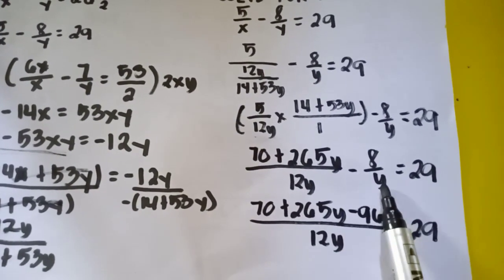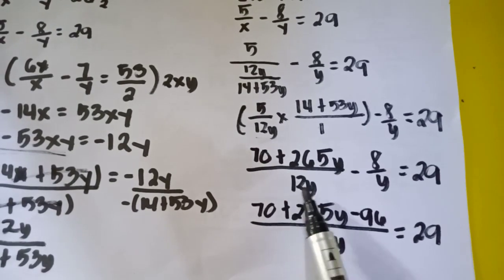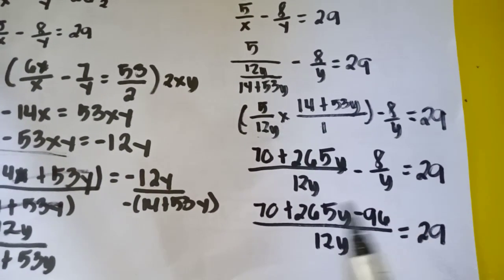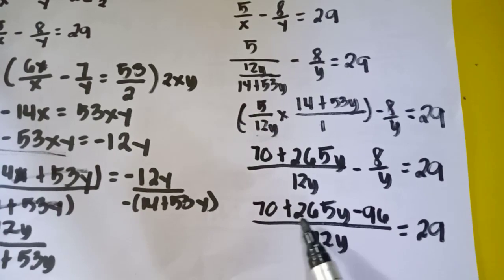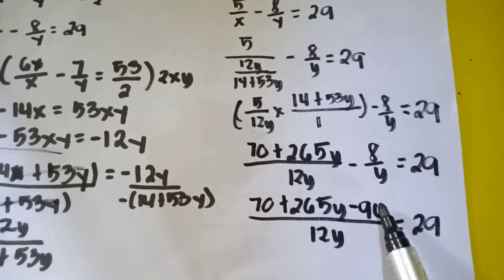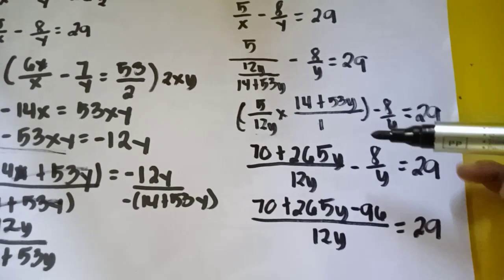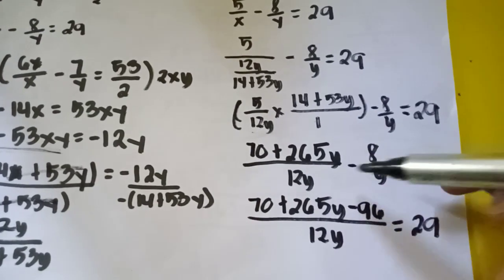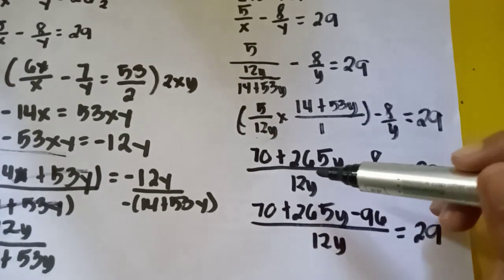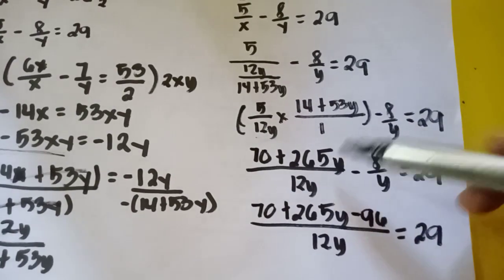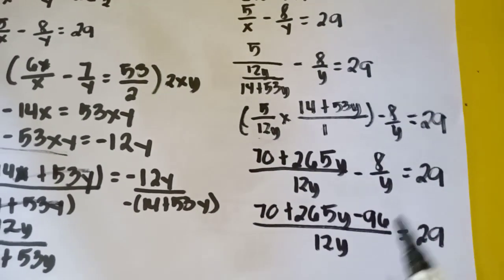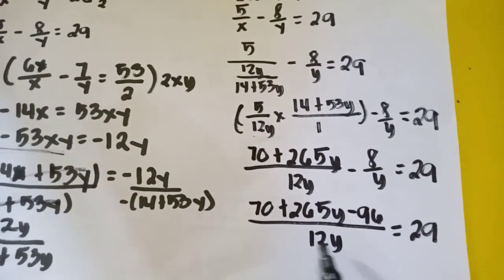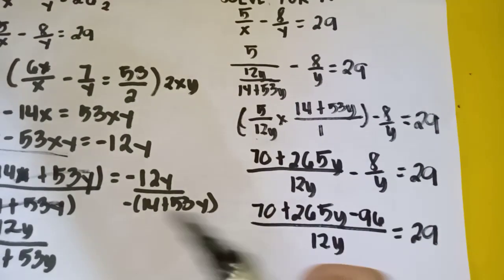Again, get the LCD with 12y and y, which is 12y. 70 plus 265y minus 96. 96 came from 12y divided by y is 12. 12 times negative 8 is negative 96 over 12y equals 29.